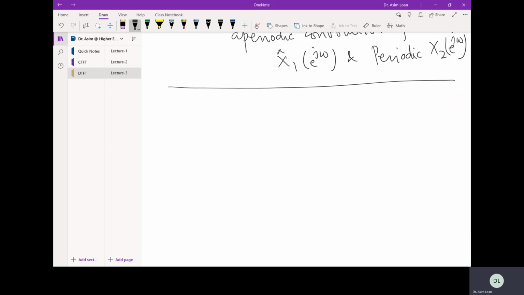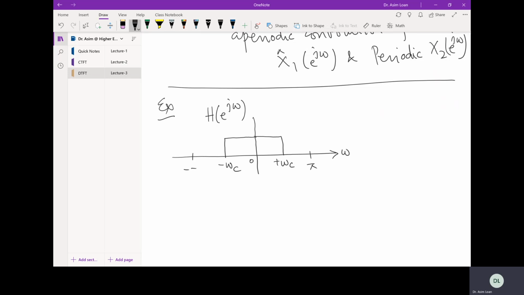Before I do an example, let me find this H of e^j omega. It's an ideal low pass filter, from minus omega c to plus omega c, between minus pi and pi, with height 1.